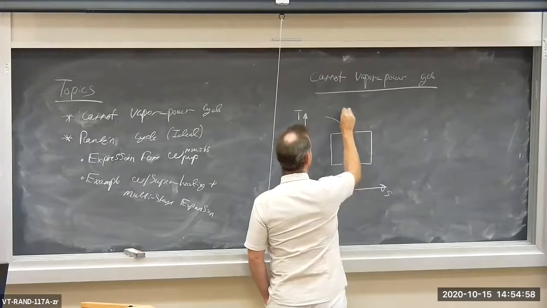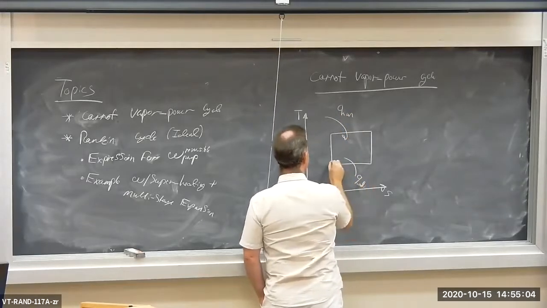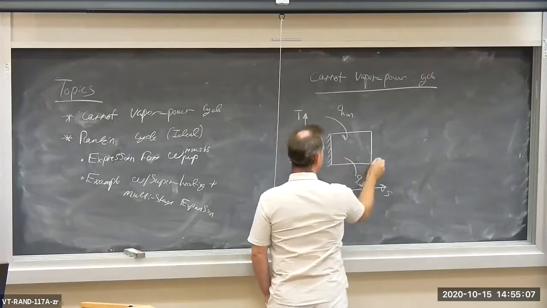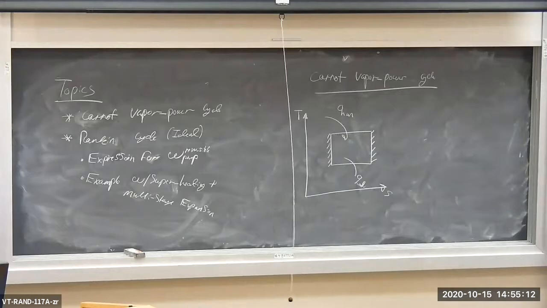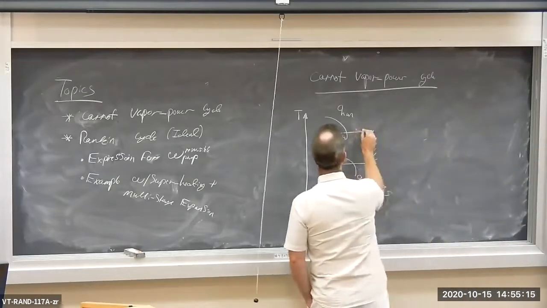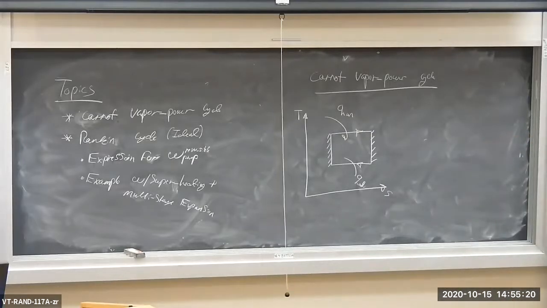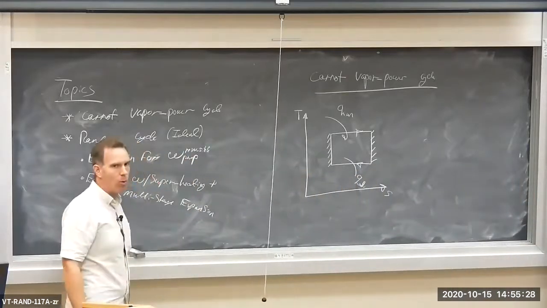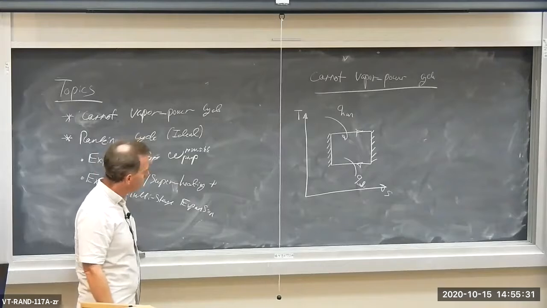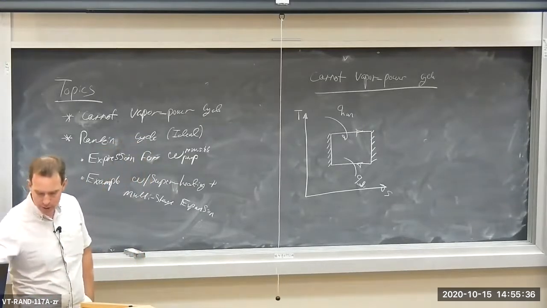So we have the heat coming in, we have the heat coming out, and the remaining processes are adiabatic. Okay, so that's the Carnot cycle. If it goes in the clockwise direction, then it is a work-producing cycle. If it goes in the counterclockwise direction and the heat flows are in the opposite direction, it is a refrigeration device or a heat pump, i.e. a work-consuming device.